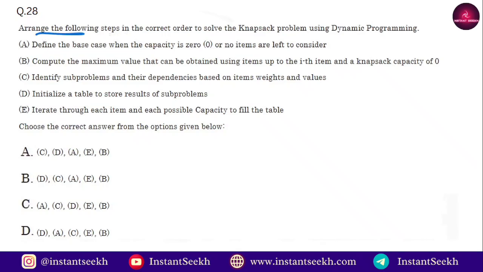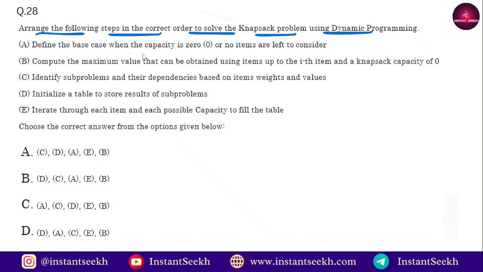Arrange the following steps in the correct order to solve the knapsack problem using dynamic programming. We need to arrange the sequence for how we solve a knapsack problem in dynamic programming. The steps given are: define the base case, compute the maximum value, identify subproblems, initialize a table, and iterate through each item and possible capacity to fill the table. Let's do it one by one.